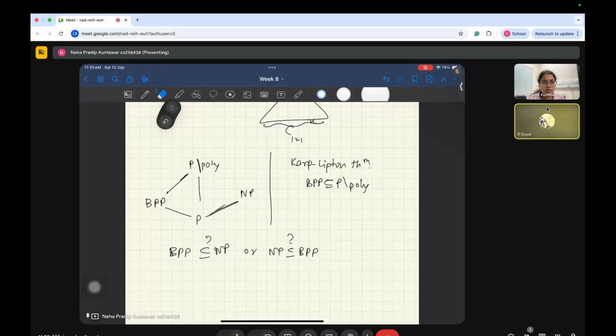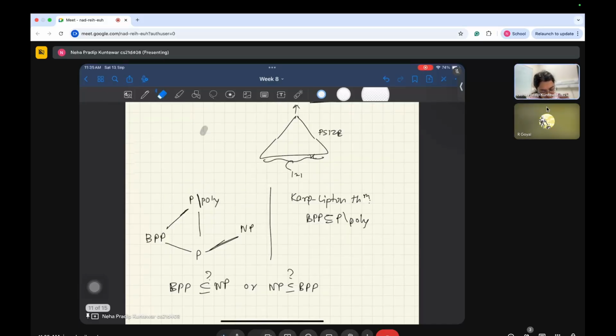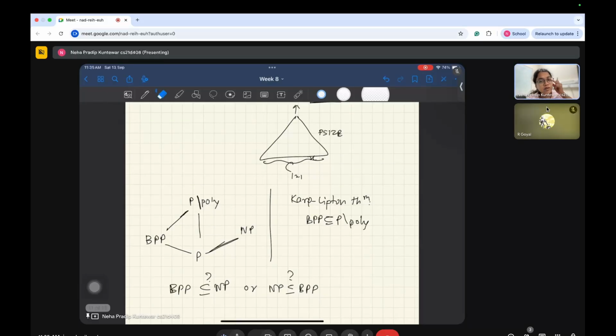To answer that, P/poly is not restricted to the input size as such, because the input to a language in P/poly could be anything. Yes, because P is also there in P/poly.